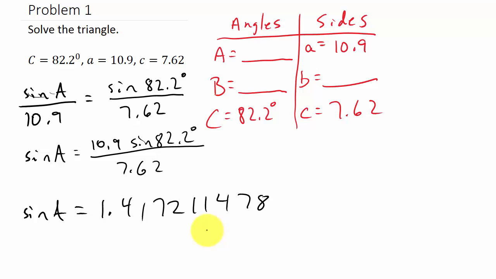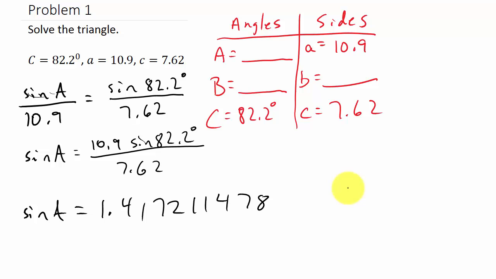Well, let's look at this. To find angle A, I would need to take the inverse sine of this. If you take the inverse sine of 1.4172, your calculator is going to give you an error message. Remember, anytime you take the sine of an angle, you're always going to get an answer between -1 and +1.